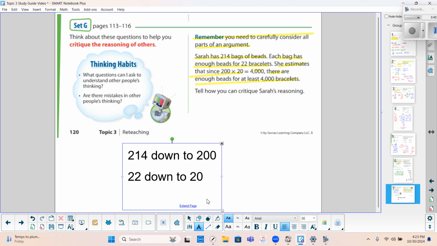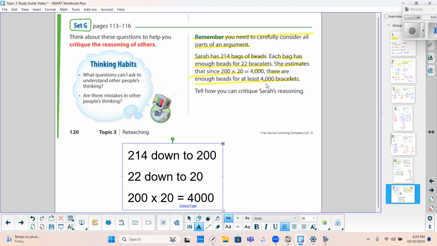And she said, I'm going to multiply 200 times 20, which I think is reasonable, but that's going to give me 4 with 1, 2, 3 zeros behind it. It's going to give me 4,000 bracelets. And she says there are enough beads to make 4,000 bracelets. All right.